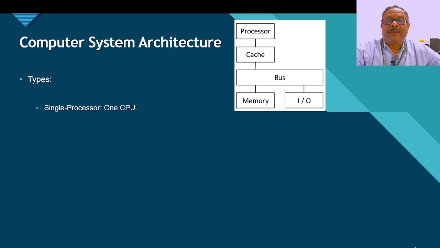For example, if the processor is working at nanosecond speed, then the memory will be working at microsecond speed, somewhere 1,000 times slower, because the environment in which a processor is designed is quite different from the environment where the motherboard is designed.